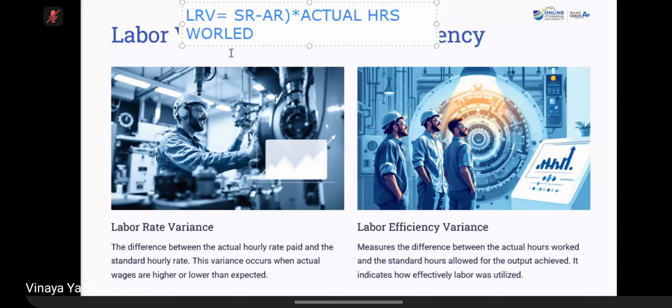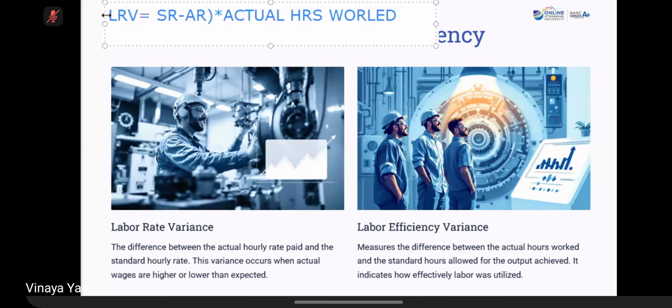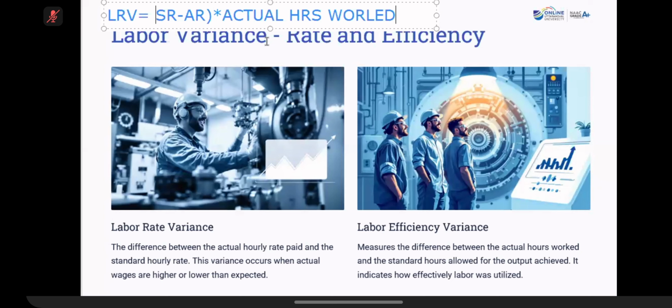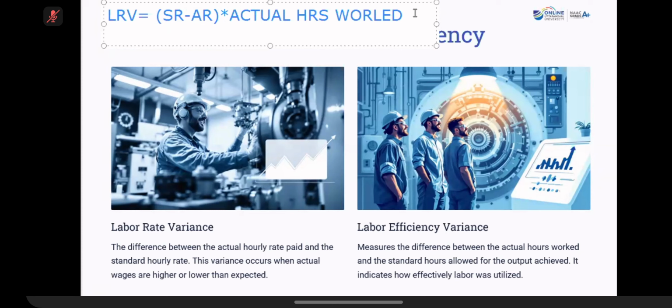The next formula that we have is for labor efficiency variance.